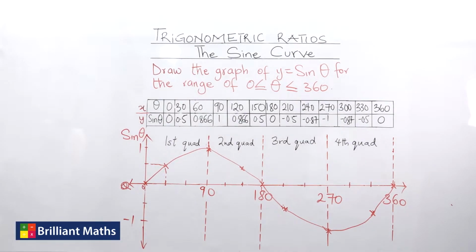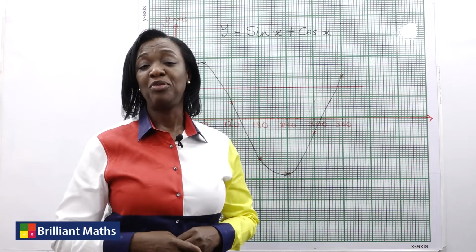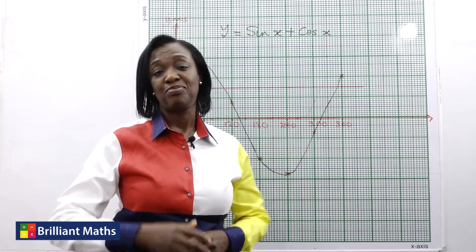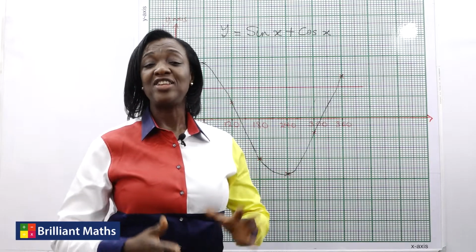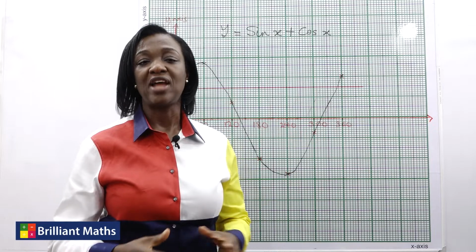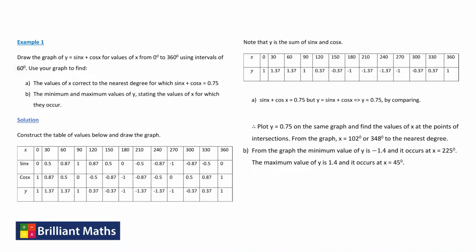Let's look at another example. In this next example, we want to draw the graph of y equals sine x plus cos x, for values of x from 0 to 360. Example: draw the graph of y equals sine x plus cos x for values of x from 0 to 360 using intervals of 60 degrees.